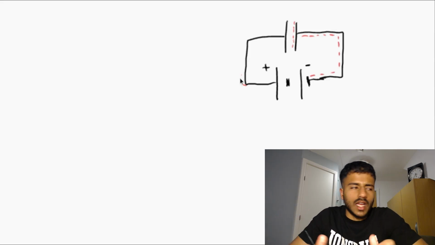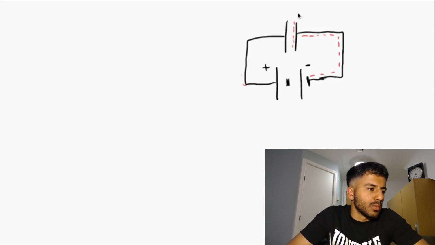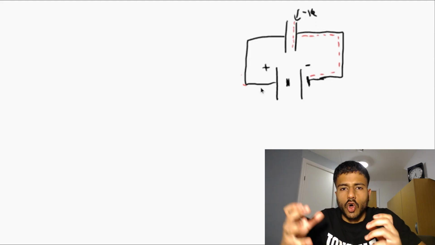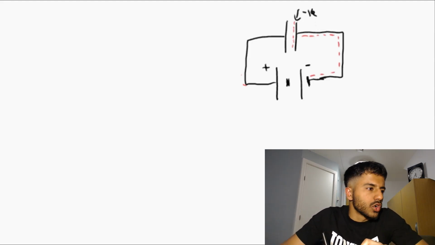Now you may notice that as more and more electrons get accumulated on plate B here, plate B becomes more and more negative. So what does that mean to oncoming electrons? Well, because these are both like charges, these oncoming electrons will also feel a repulsive force.